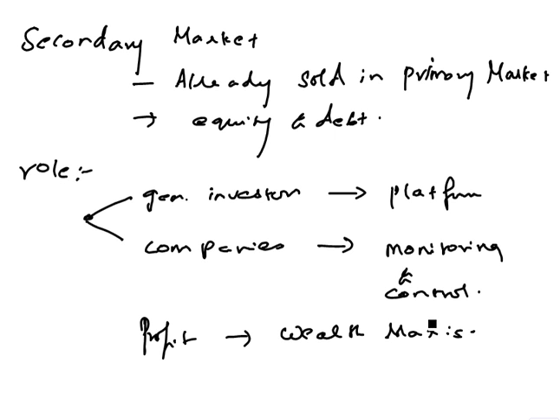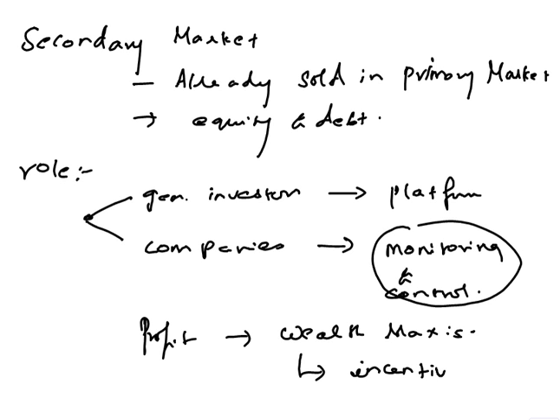To do this, they will sign incentive based management contracts. They have to see how the secondary market is performing, and if it is performing really well, they will give incentives to the managers who are responsible for that. That's what I call incentive based management contracts.